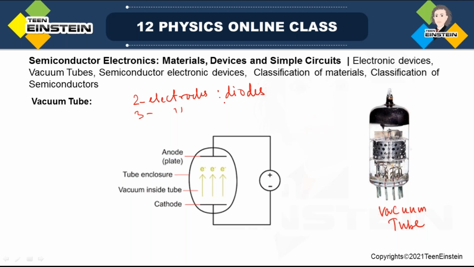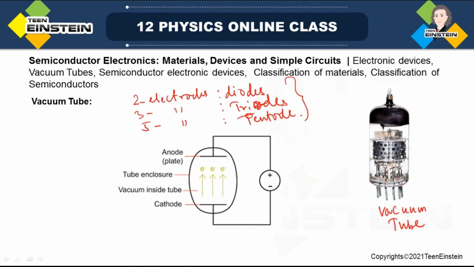It can have three electrodes; then they are called triodes. And there can be 5 electrodes; they are called pentodes. There were various electronic devices with vacuum tube systems.